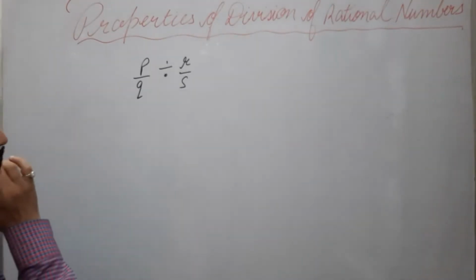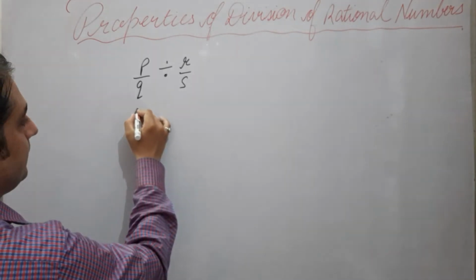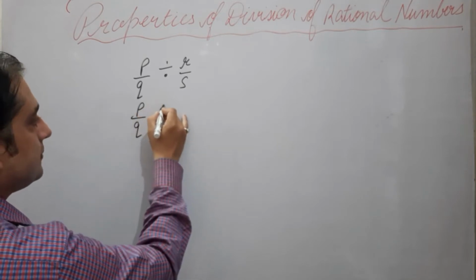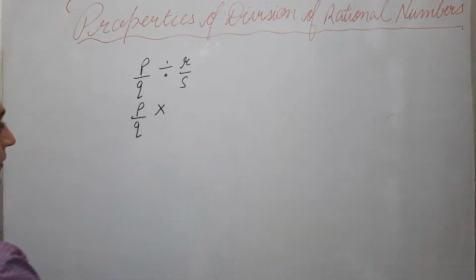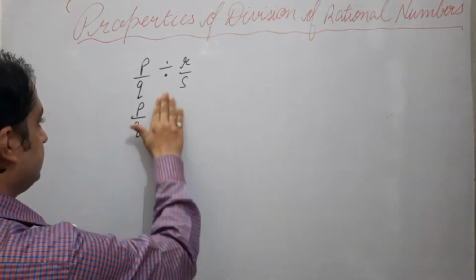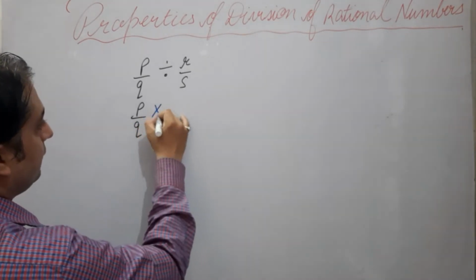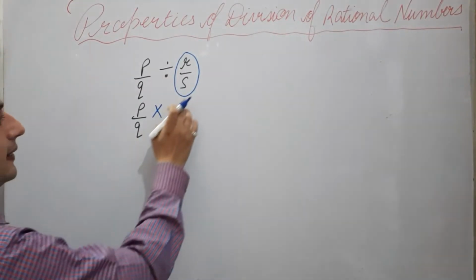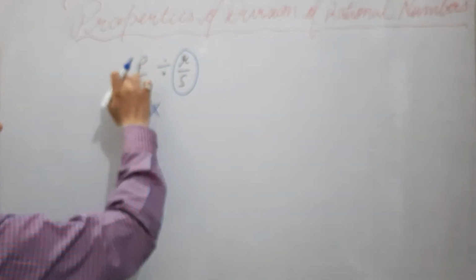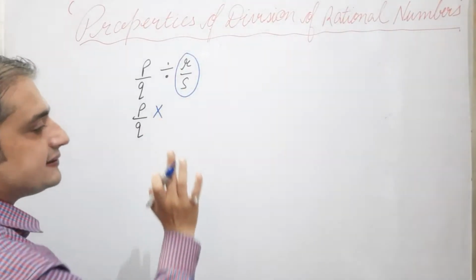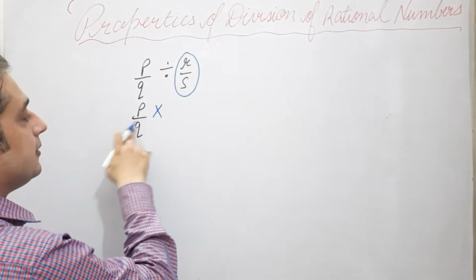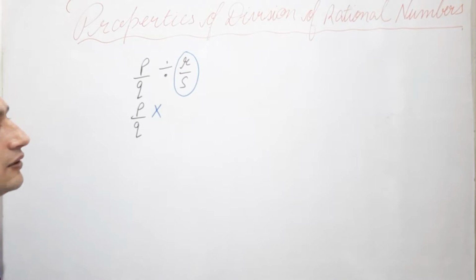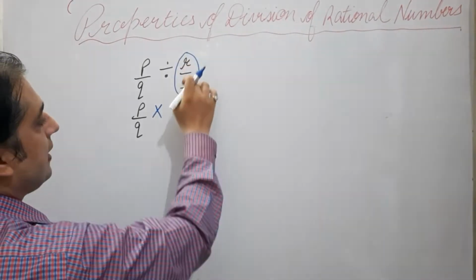So we take p by q as it is and multiply it with the multiplicative inverse of r by s. Here p by q is our dividend and r by s is our divisor.